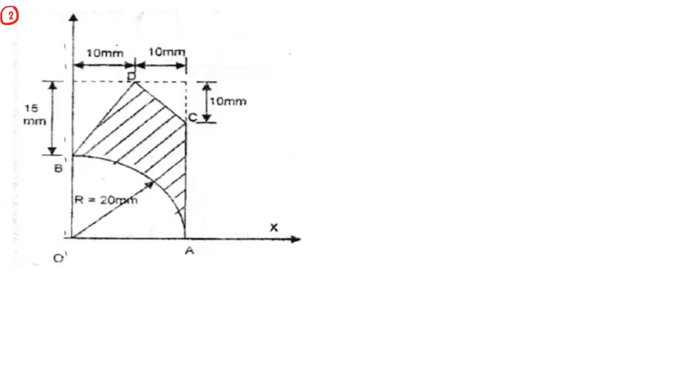In this problem, a complex geometrical shape is shown and we have to find out the centroid for the shaded portion. So the question is, find the centroid of the shaded portion.